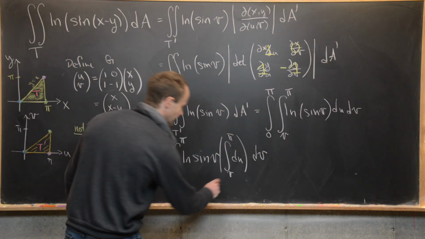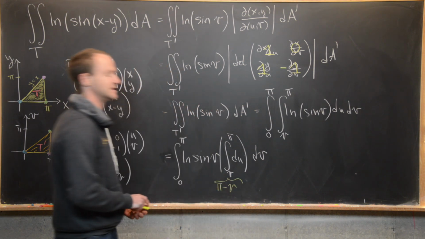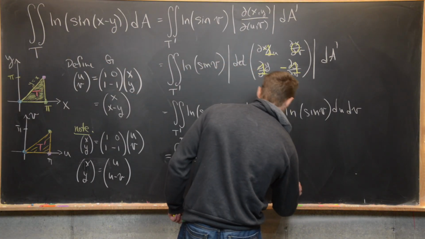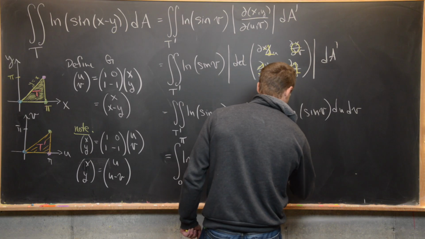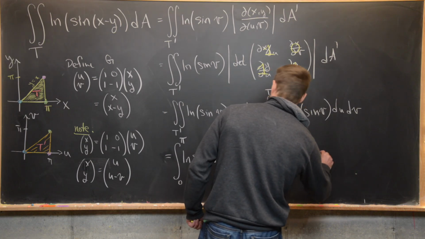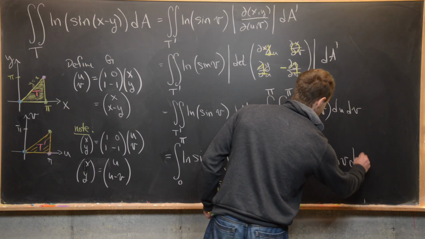But this is a pretty straightforward integral. We can easily see that that's going to be pi minus v. So here we have that this is equal to the integral from 0 to pi of pi minus v times the natural log of sine v dv.